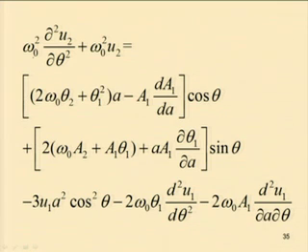This will be equal to 2 omega 0 theta 2 plus theta 1 square a minus a 1 into d a 1 by d a into cos theta plus 2 omega 0 a 2 plus a 1 theta 1 plus a 1 del theta 1 by del a sin theta minus 3 u 1 a square cos square theta minus 2 omega 0 theta 1 d square u 1 by d theta square minus 2 omega 0 a 1 d square u 1 by d a d theta.